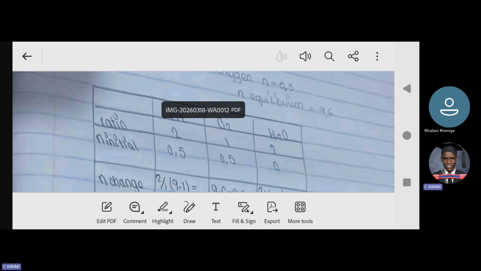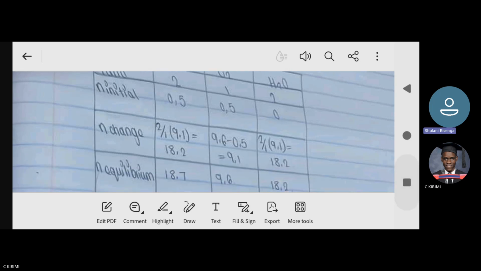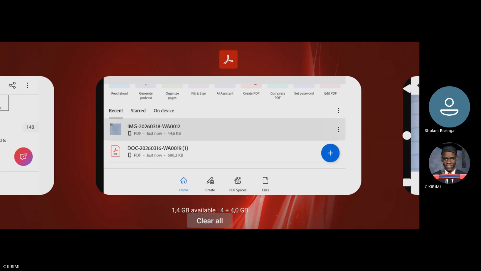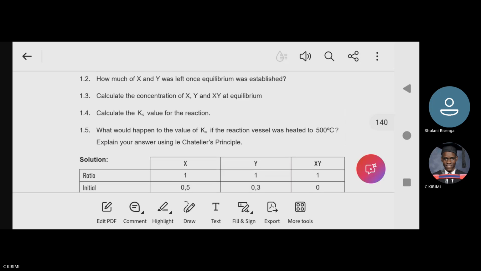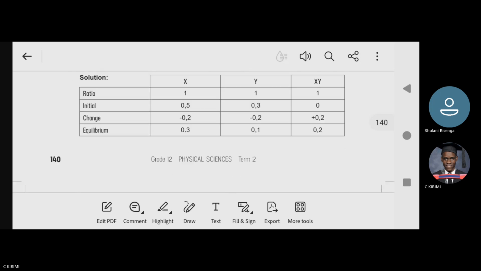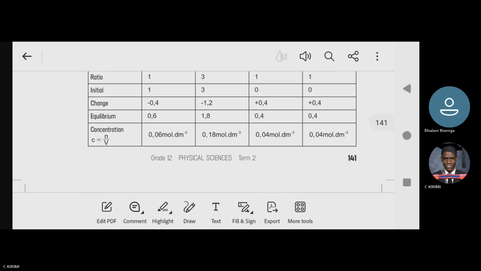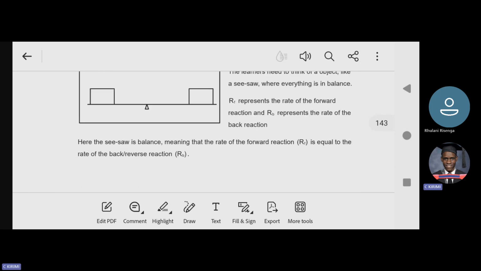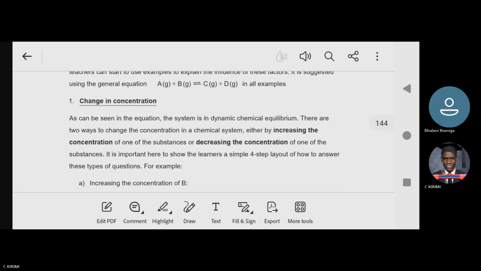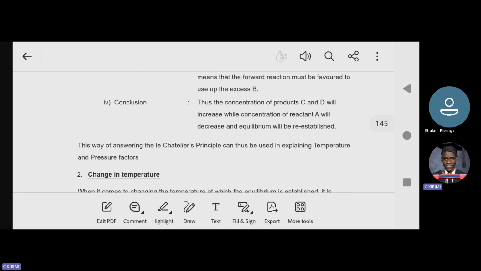This one was between what? It was hydrogen and oxygen. Yes. With hydrogen and oxygen. Okay.